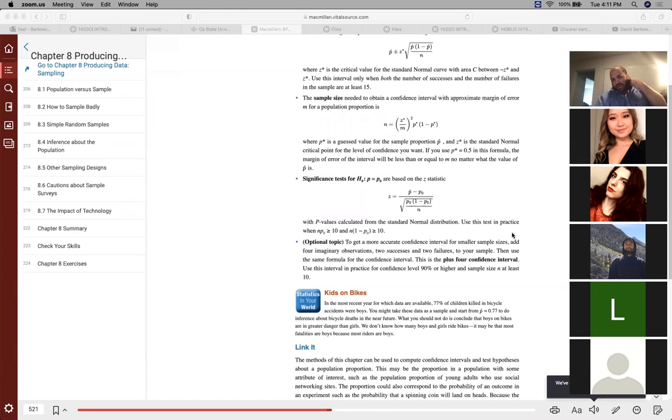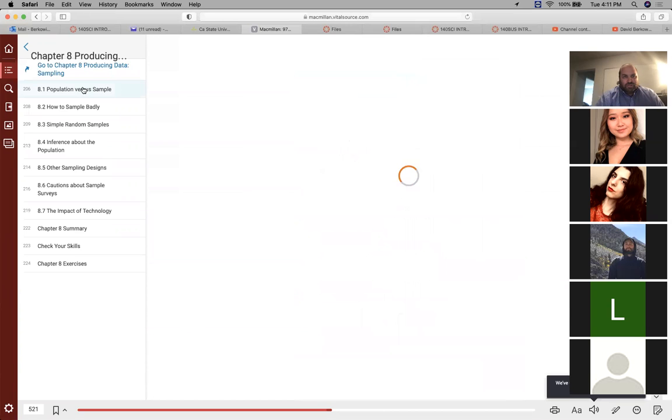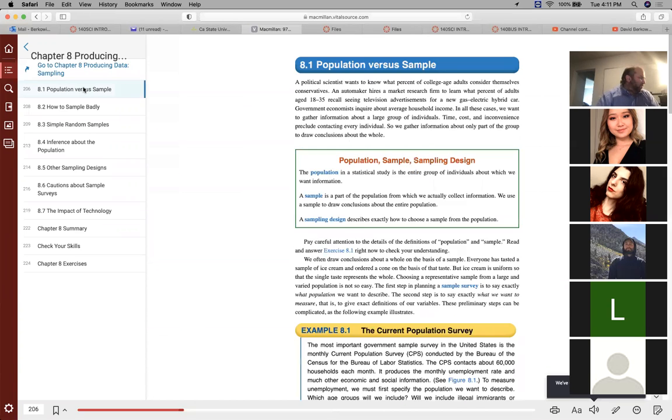So not really. Okay, so chapter 8. Chapter 8 starts with the difference between a population and a sample. A population, of course, is the entire body of individuals that you are investigating.